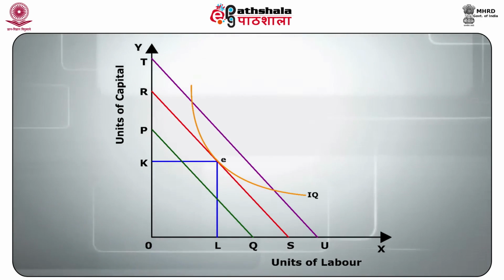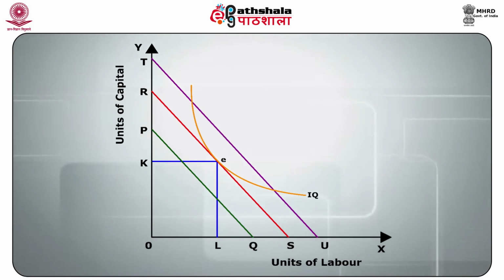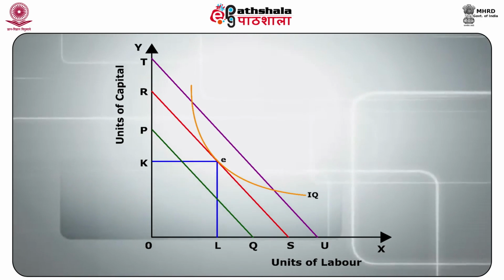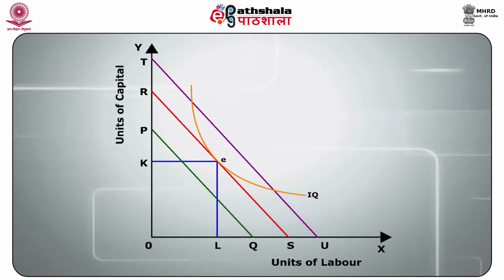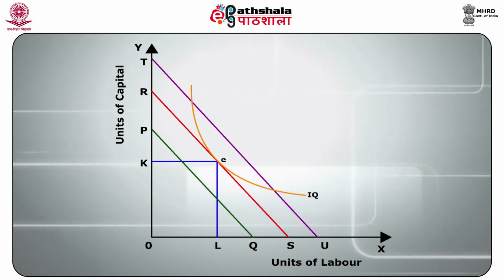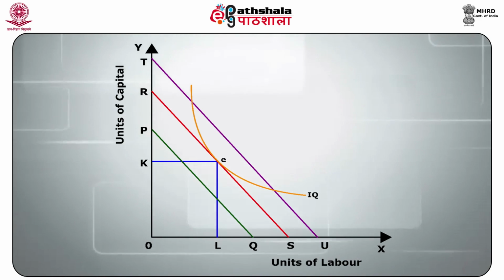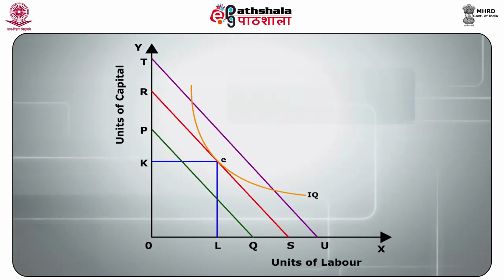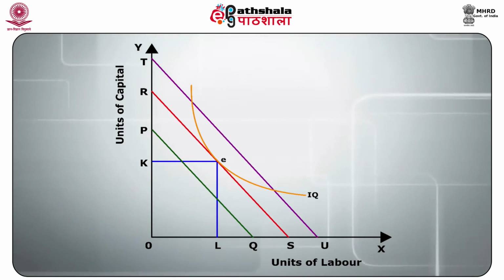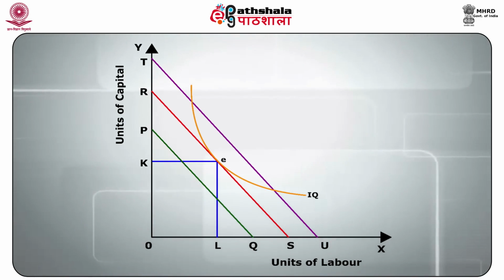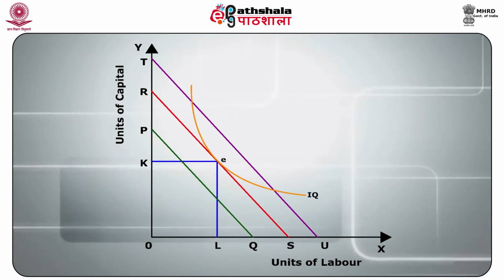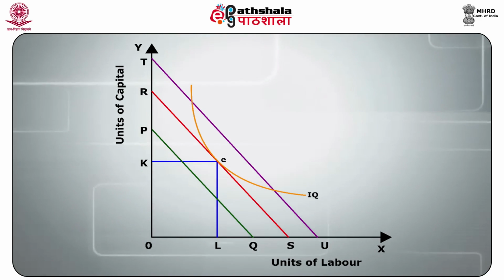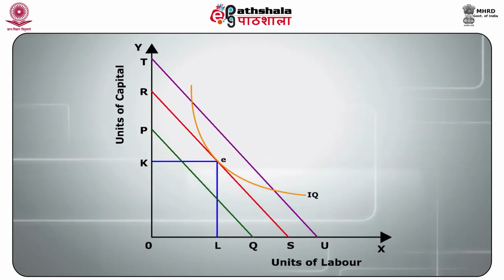Point above E is not desirable as it implies higher total cost. Point below E is not feasible though desirable as given output cannot be produced with these combinations. Thus, point E is the least cost combination point. At the point of equilibrium E, slope of isoquant and slope of isocost line is equal.